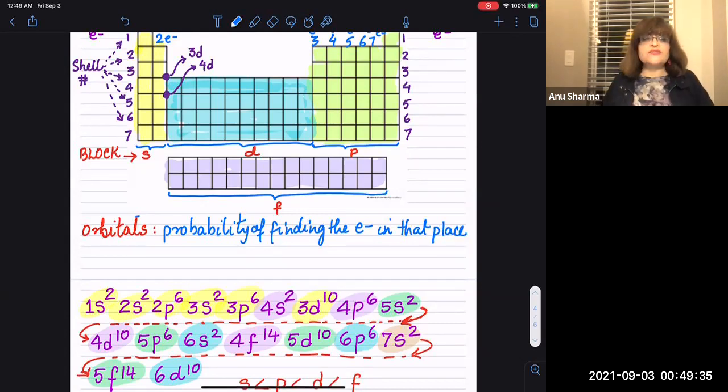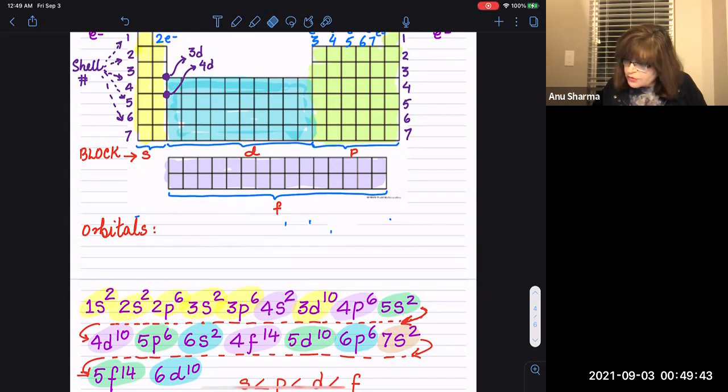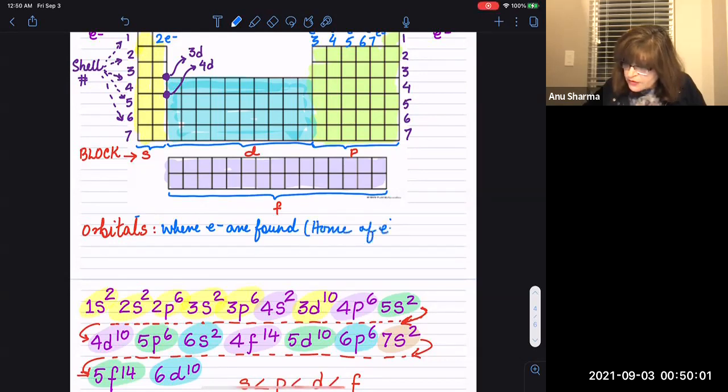Ideally it is probability, but for your course, it's just going to be that orbitals are where electrons are found. Where do you find people? You generally find them in their homes. So that's what it is. This is the home of electrons.